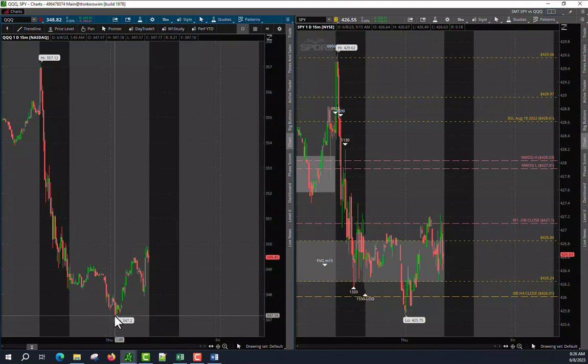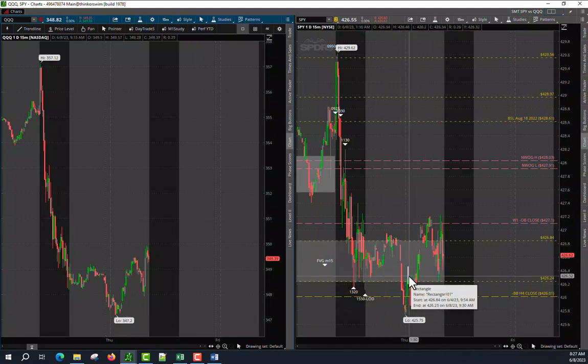We see that the QQQ made the low at 145 in the morning, and SPY made the new low at 30 minutes after midnight. That means the SPY made the new low before the QQQ, which is unusual. Normally the QQQ is the one that makes the new low first, and then the SPY, but in this case SPY went first and then it bounced back.